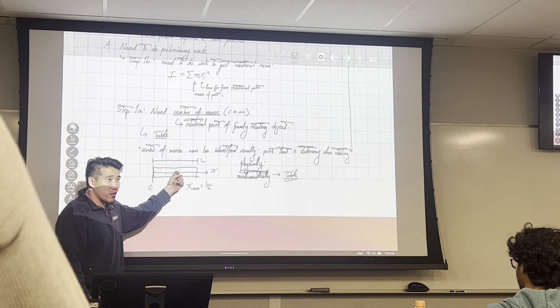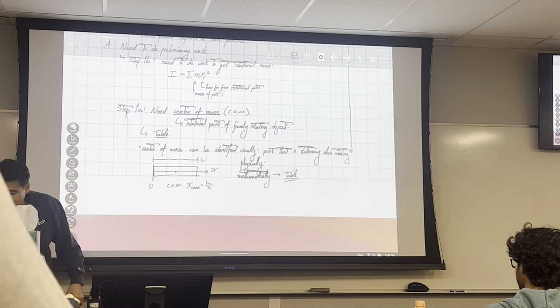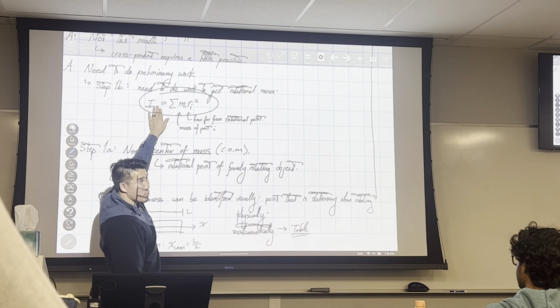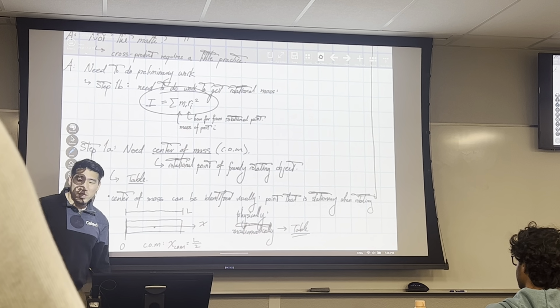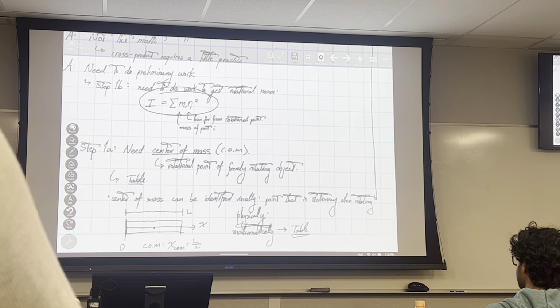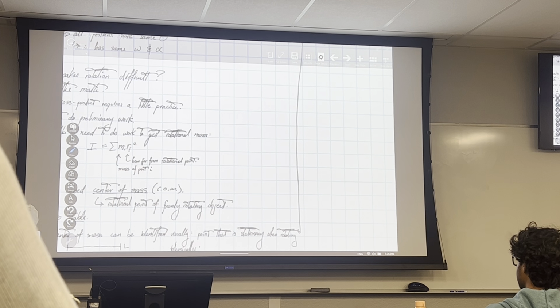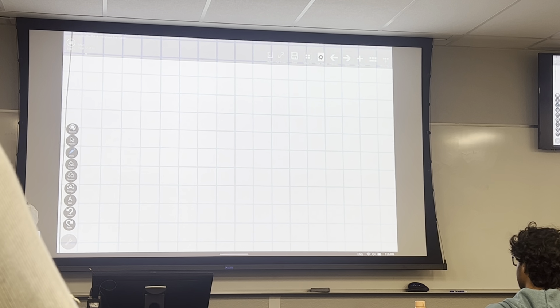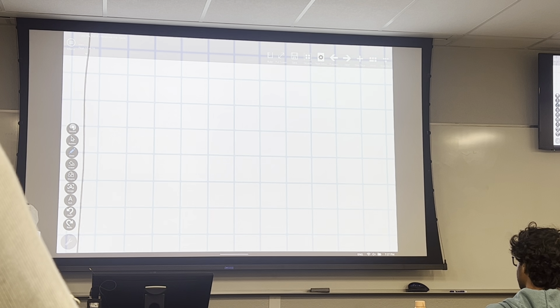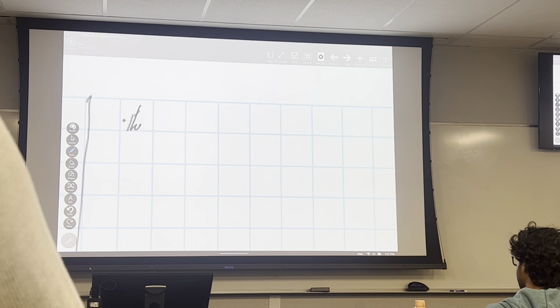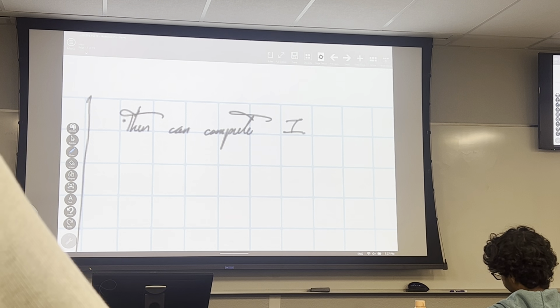Once you have the center of mass, then you can calculate your moment of inertia using that expression. So then you can compute I.